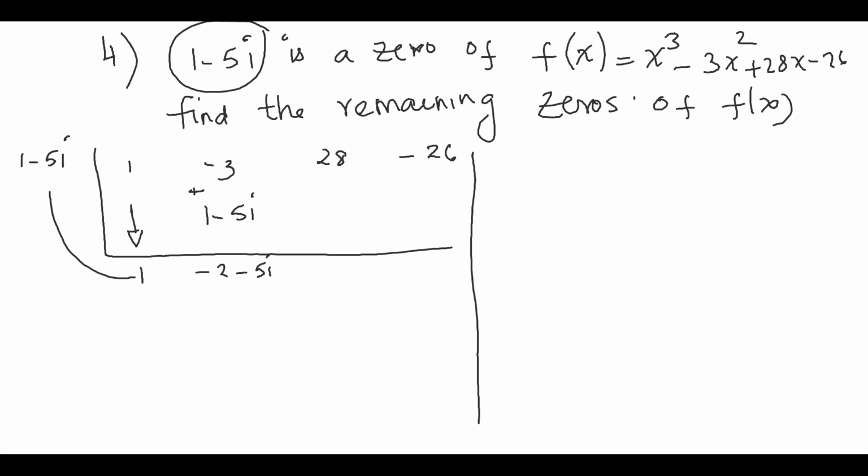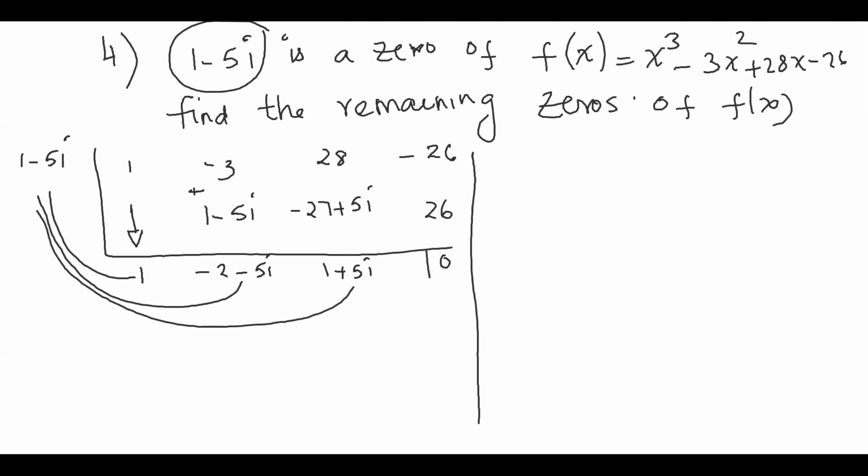Again, you multiply these two, we get negative 27 plus 5i. When you add these two, we get 1 plus 5i, and multiply 1 plus 5i times 1 minus 5i, we have to get 0 as the remainder because 1 minus 5i is a 0.